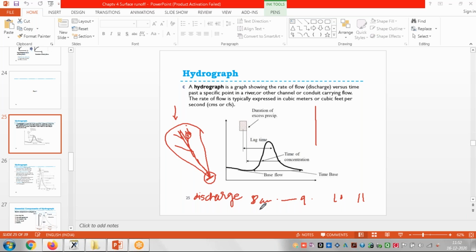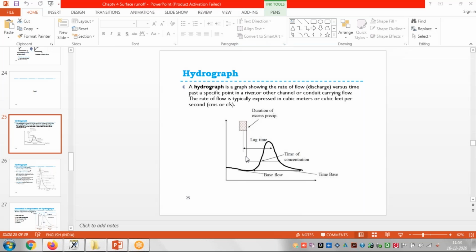For example, this is say 50 meter cube per second. Then say again 100 meter cube, then 150 meter cube, and likewise. When we collect this discharge rate, we draw a graph like this one.